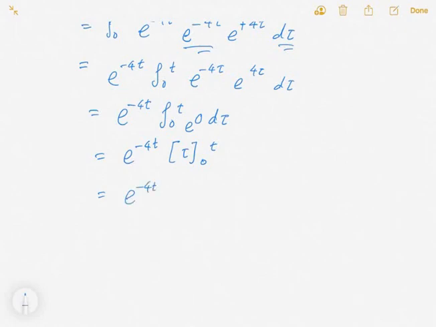So substitute the values of tau, t and 0, so you get t minus 0. So you multiply, you get t exponent negative 4t u(t) for t more than 0. Okay, class? That's all for the convolution in time. And we have finished the properties of the Fourier transform. Okay, hope you can understand. Thank you. Bye.